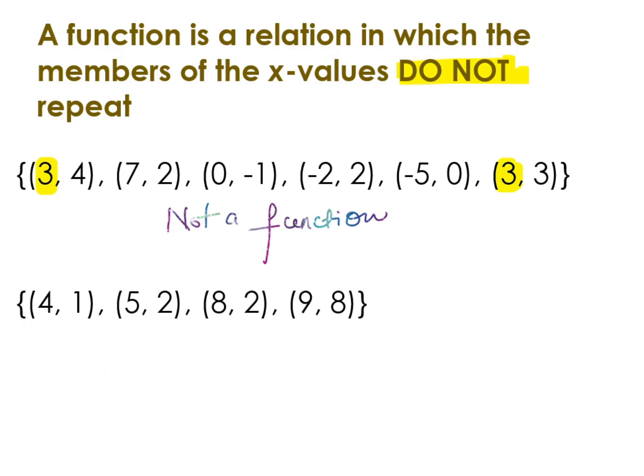In the second one, you can see clearly that none of the x values are getting repeated, so we really don't have to look at the y values. If the x values are not repeating, then definitely it is a function.